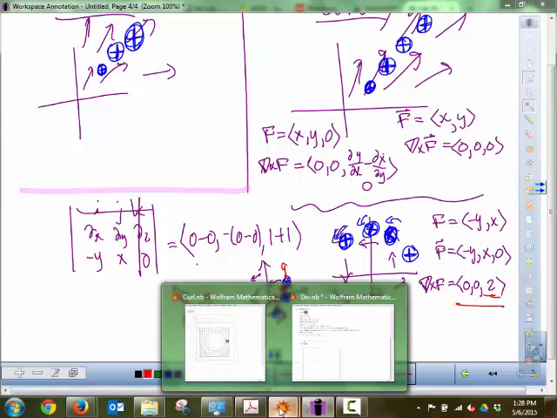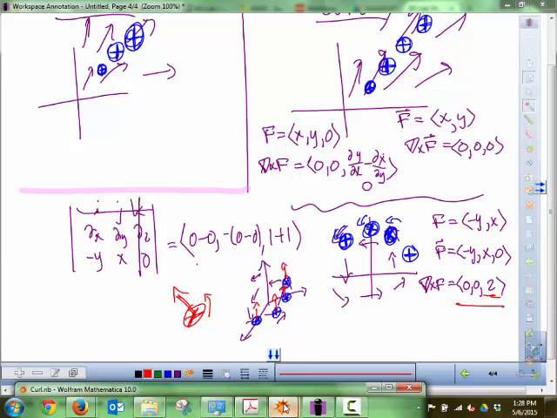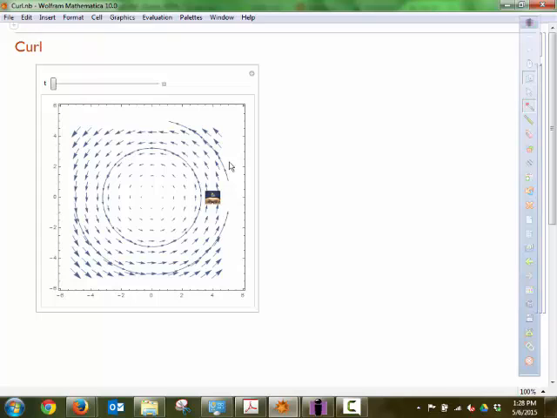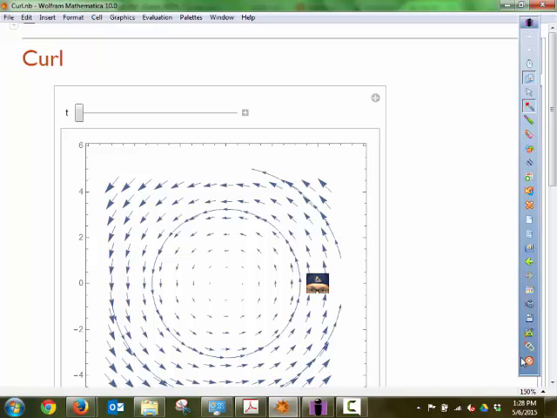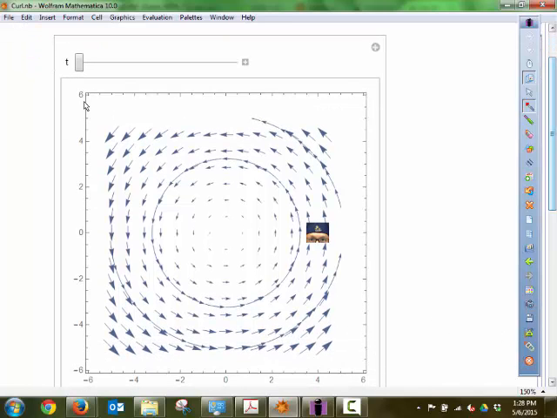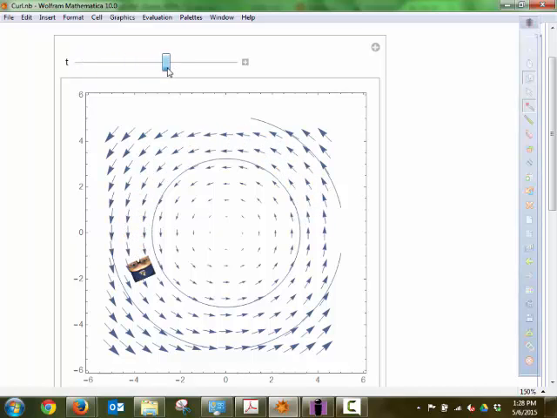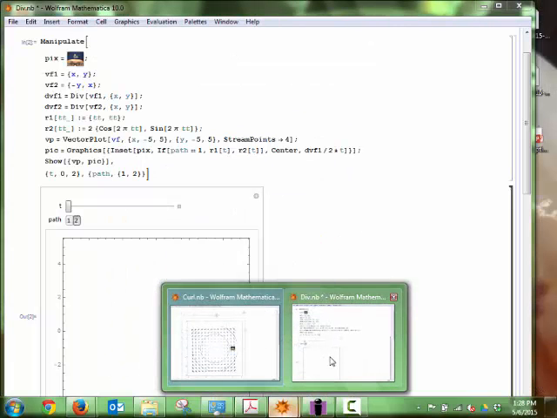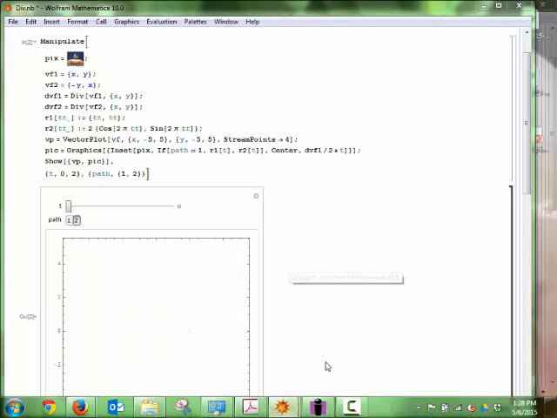So I got a couple of silly visuals. This is me rotating. So I have a positive rotation on that one.